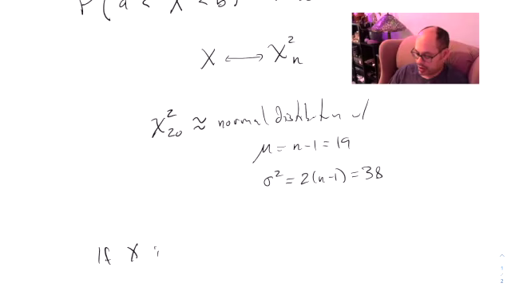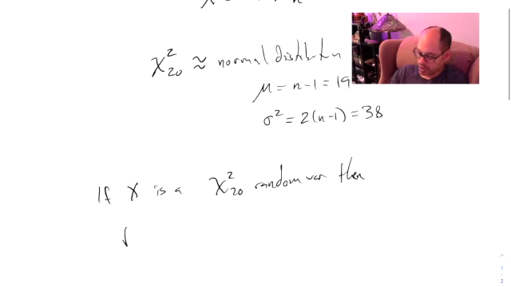If x is a chi-squared 20 random variable, then by definition, the square root of x is a chi 20 variable. Now the point is that the square root of x is a whole lot more normally distributed than x is.